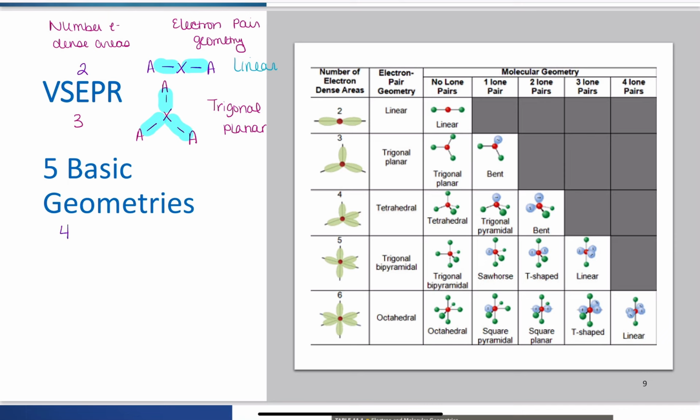If you have 4 areas of electron density, we call this a wedge. A wedge means it's coming out of the board at you.